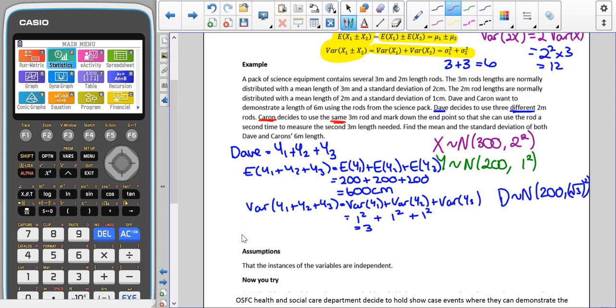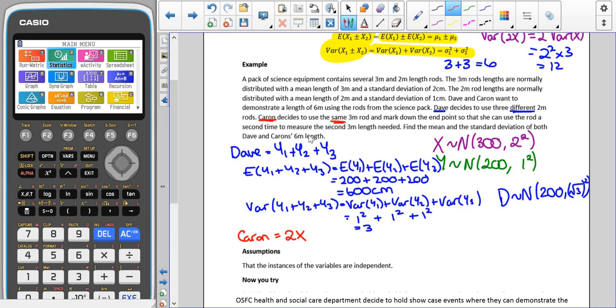For Karen, on the other hand, she's using the same 3 metre rod twice. So that is a big difference. She's not got separate 3 metre rods. She has the same 3 metre rod that she's using twice. This means that she has the same variability in the rod's length twice.